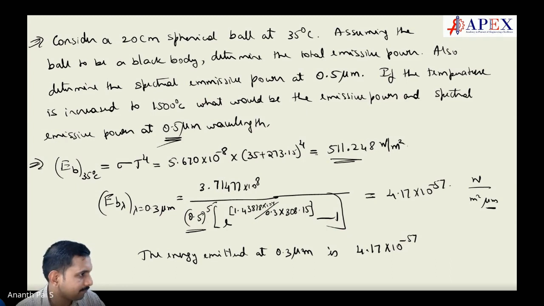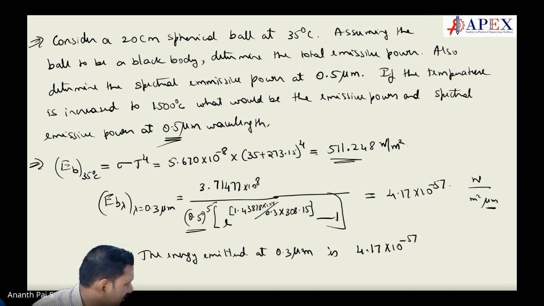I'm sorry, it should have been taken at 0.5, not 0.3. Why 0.5? Then what do you get? No much difference.